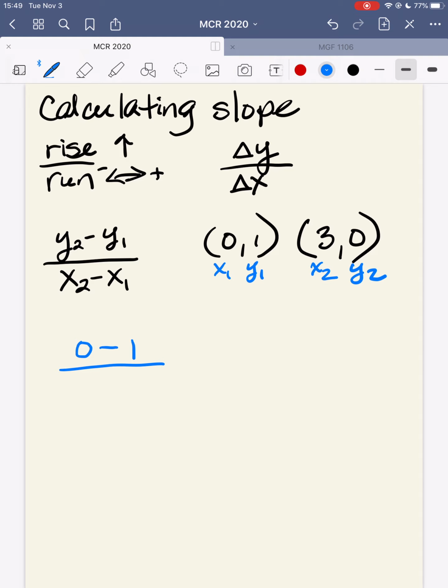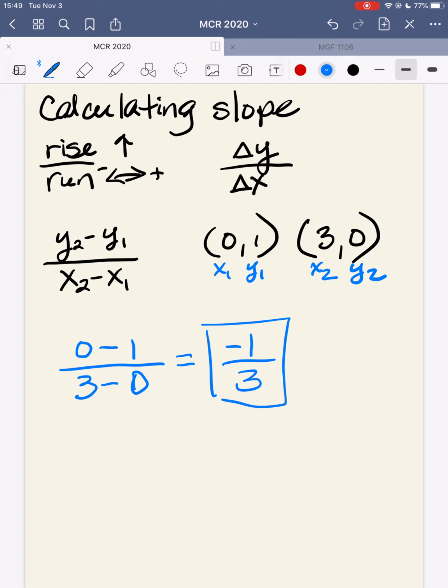So in this case, my x2 is 3, and my x1 is 0. And all I do at this point is do the math. So I have 0 minus 1, which is just negative 1, and 3 minus 0, which is just 3. So therefore, my slope is negative 1 over 3.